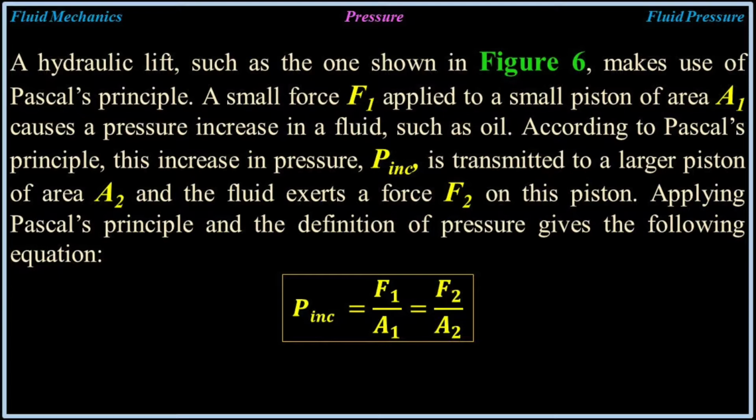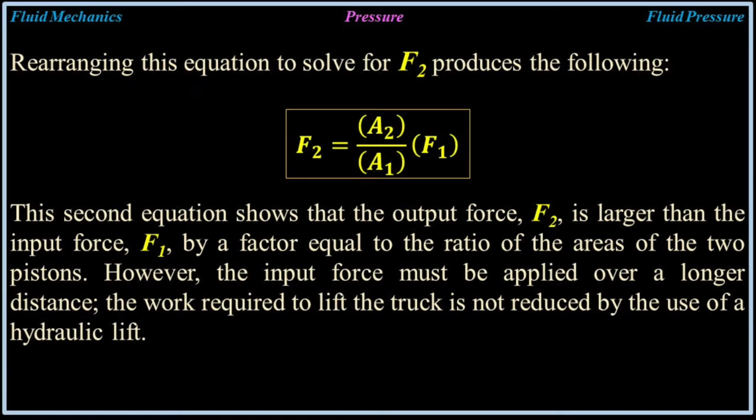Applying Pascal's principle and the definition of pressure gives the following equation below. Please study it very carefully. Rearranging this equation to solve for F2 produces the following: F2 equals the ratio A2 over A1 times F1.